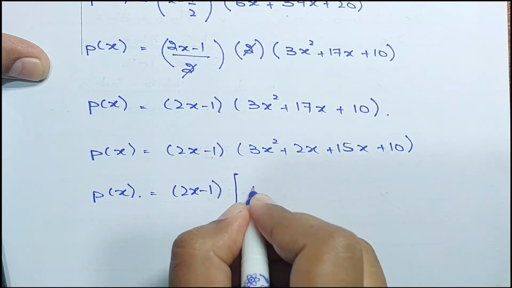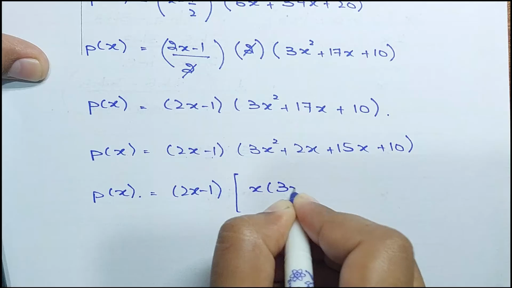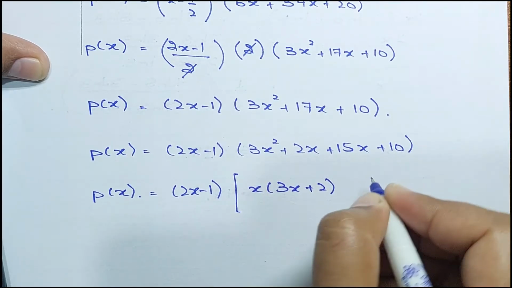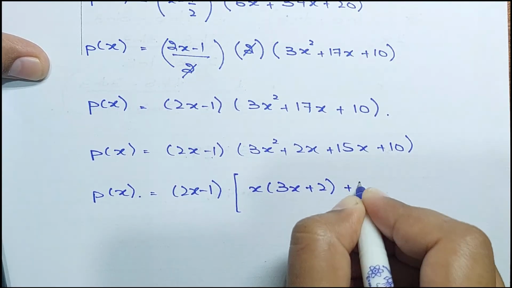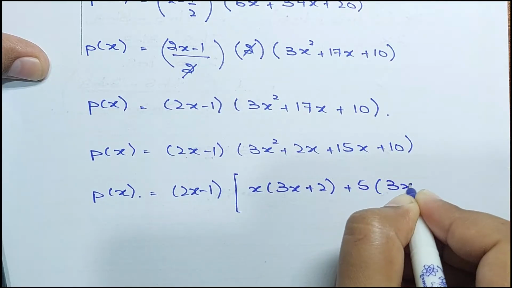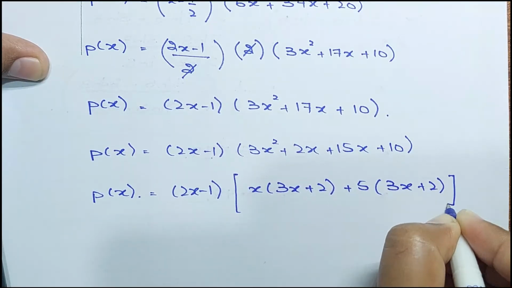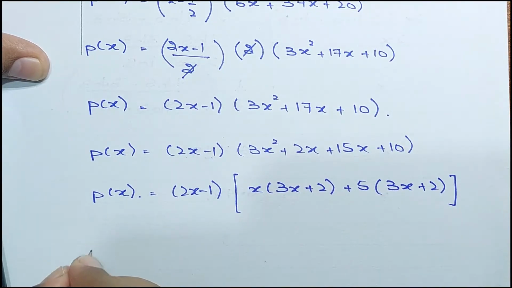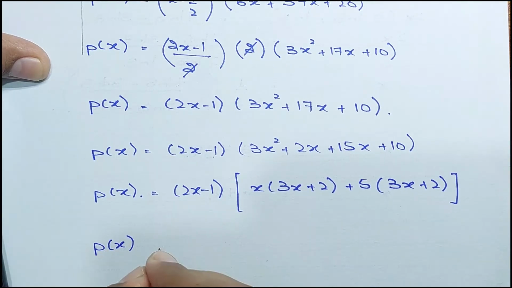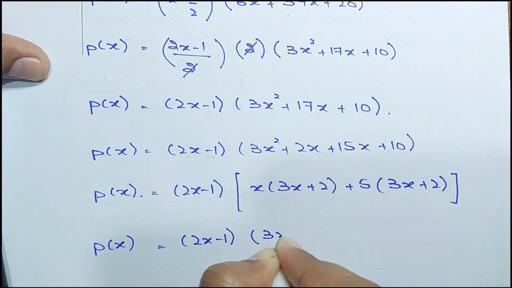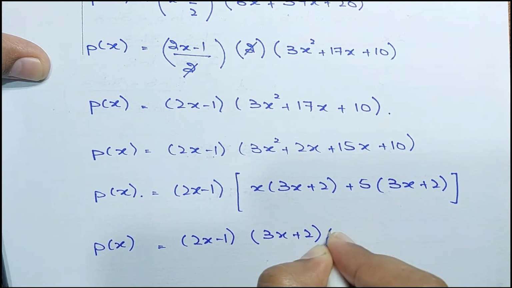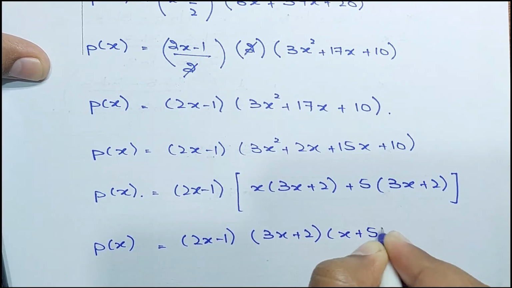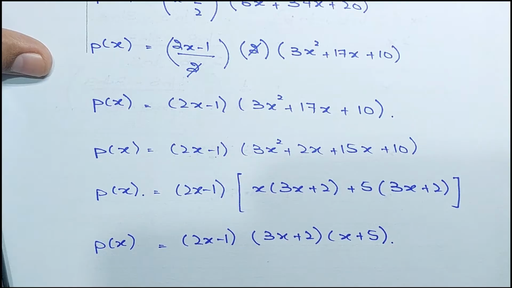Okay, x is common, 3x plus 2 is the factor. And let's take 5 common. 5 times 3 is 15, and 5 times 2 is 10. So the factors inside the brackets are the same. So p of x is equal to 2x minus 1, 3x plus 2, and x plus 5. So these are the 3 linear factors.